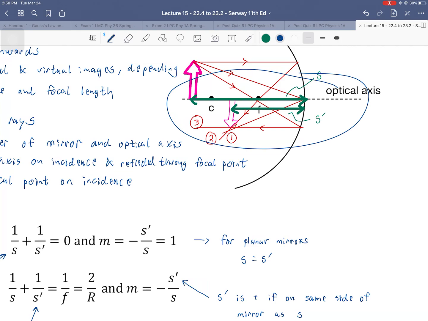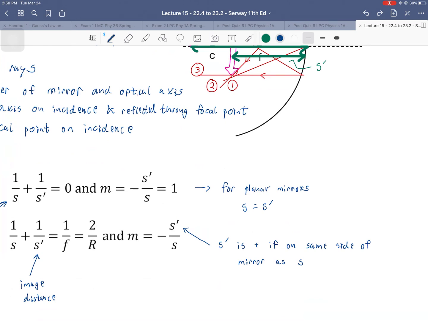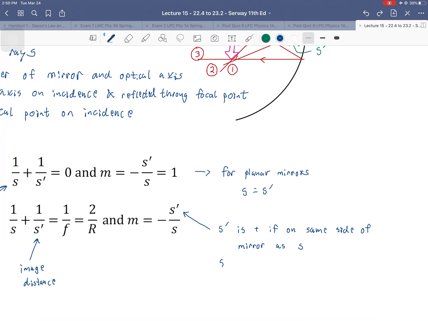In that case, S and S prime are both on the same side of the mirror, and so in that case, S prime would be positive. But S prime is negative by definition if it's on the opposite side. Okay, that's a rule you have to remember. And there's a consequence to that rule.